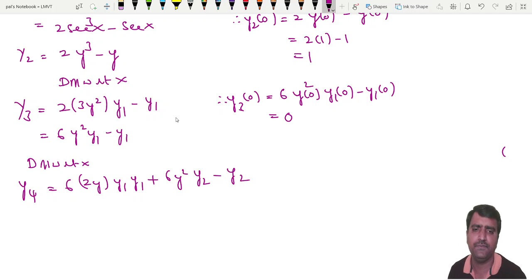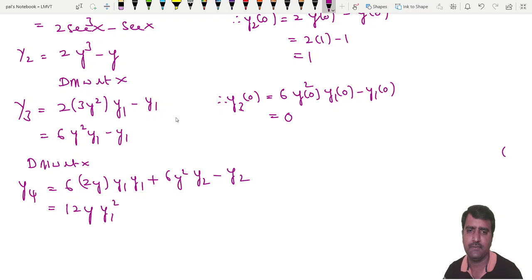Simplifying this first, 6 2s are 12, so it is 12y into y1 square plus 6y square into y2 minus y2.